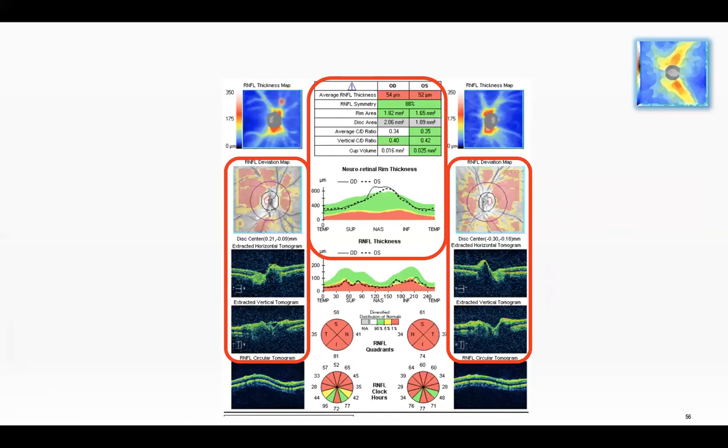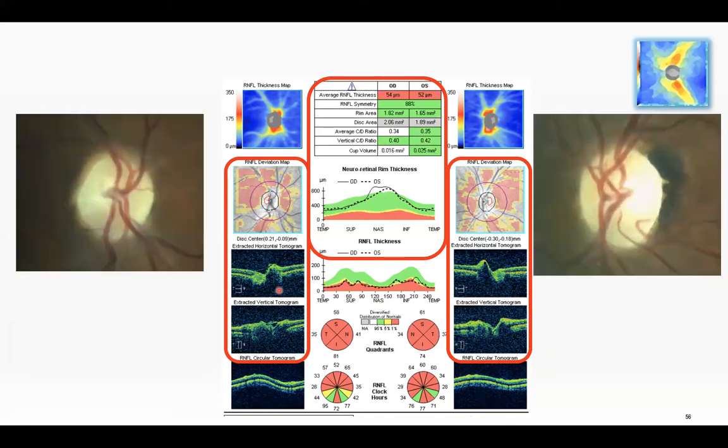You see a lot of RNFL loss, the RNFL is nearly gone, but there is only a small amount of cupping, and you don't see any cupping in the extended vertical tomogram or the horizontal tomograms. When you look at the patient's disc, you see it's optic atrophy, not glaucomatous.